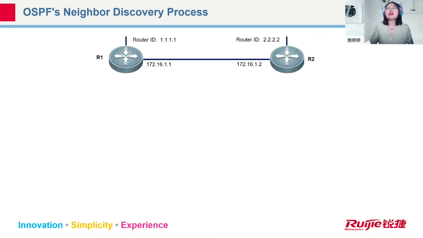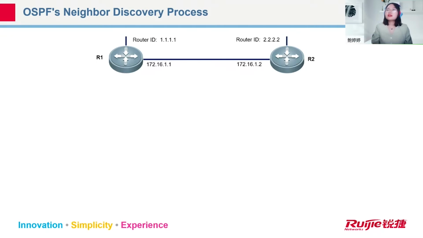And then let's see the detailed process, how to find the neighbor and what the different statuses are. In OSPF, the first step, you have to use a cable to connect the devices like the routers and give the IP address of the interface. But the special one in OSPF is the router ID. The router ID is very special, like the name of the router, right?